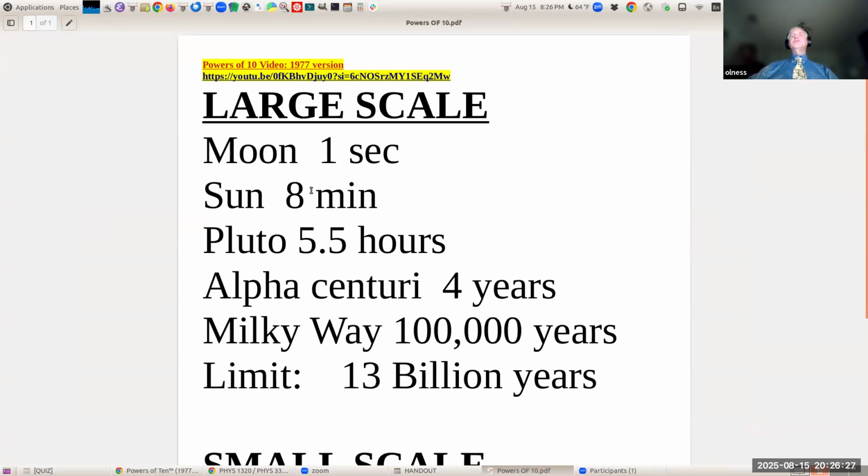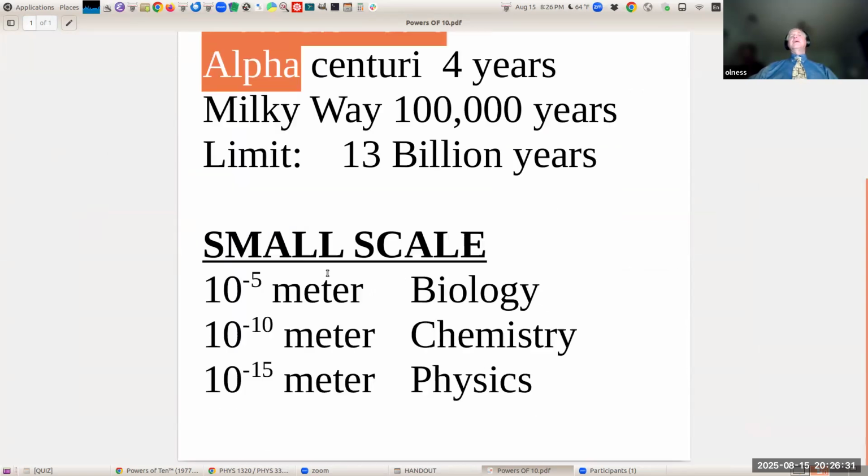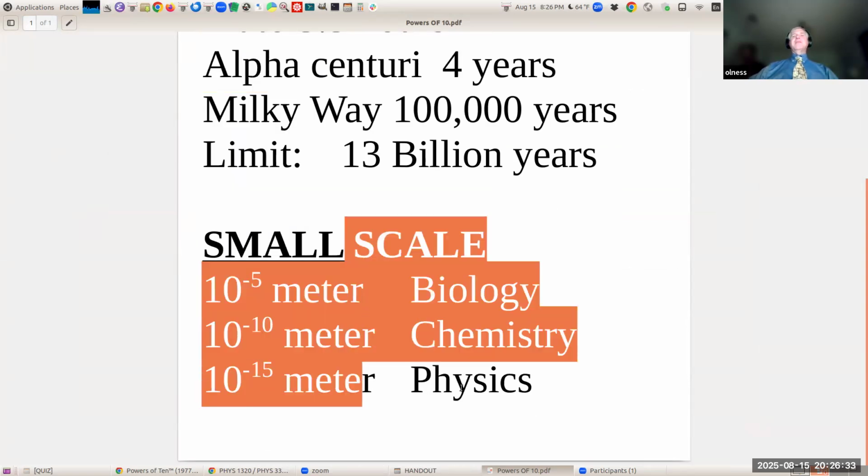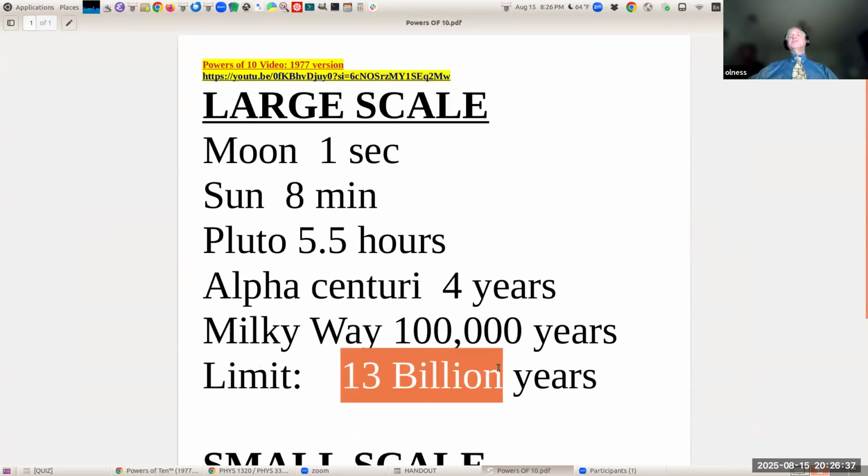These scales are useful to give you an idea of how large the universe is, and then how small it is. And going from the smallest scale at 10 to the minus 15th meters to the largest scale at about 13 billion light years, that's about 40 orders of magnitude. So it's remarkable in that dynamic range. And one of the interesting things about physics is that the laws of physics apply across that full dynamic range.